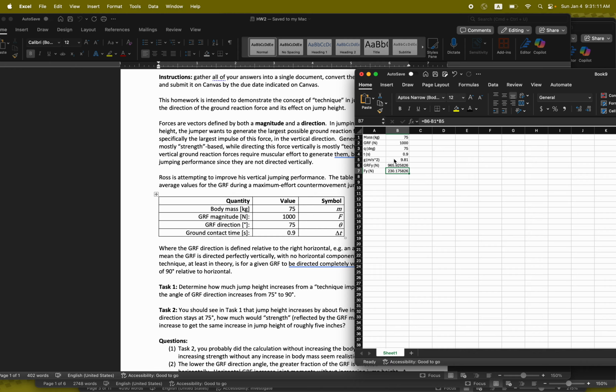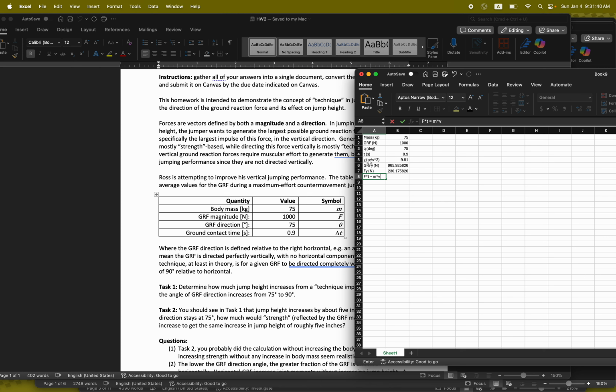Okay. And from that net force, I then, using the impulse momentum relationship, want to figure out my takeoff velocity. Impulse momentum, if you think back to Knies 300, that was impulse, force times time, equals mass times velocity. And here I have everything I need to calculate velocity. I've got my force, that's Fy.